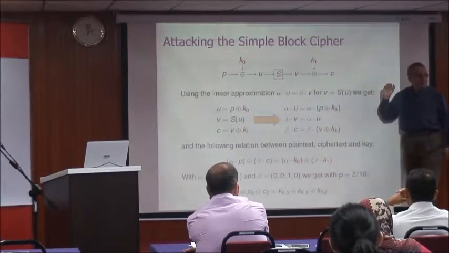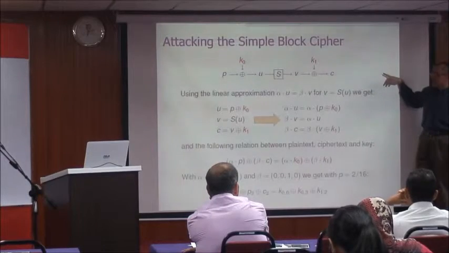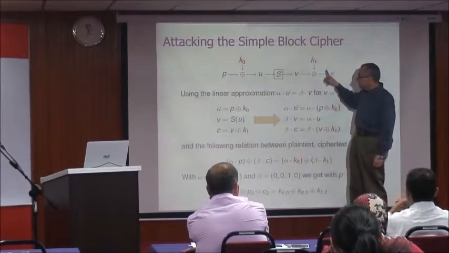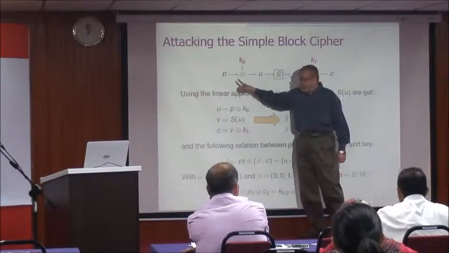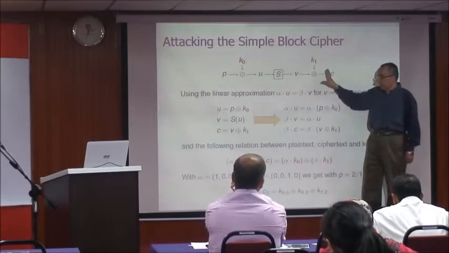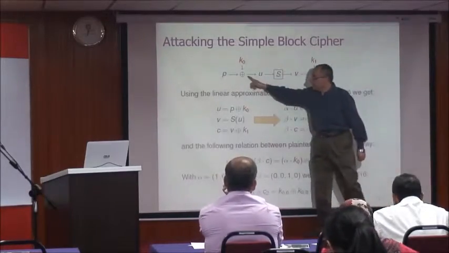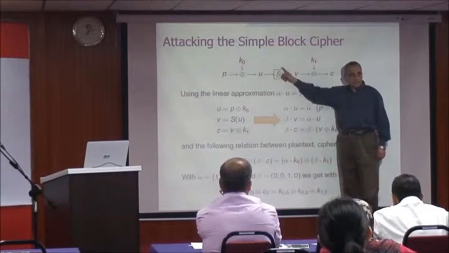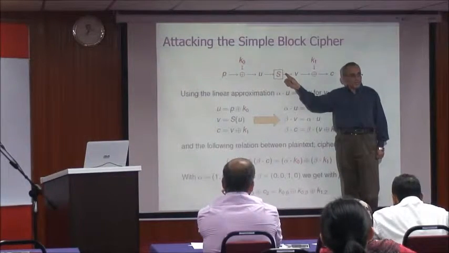So let me repeat what I said. The main idea is that if you look into this encryption algorithm, everything is linear because the XOR operation is a linear operation. The only nonlinear component is the substitution box in here.